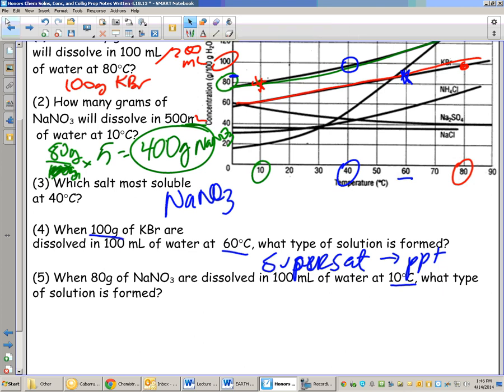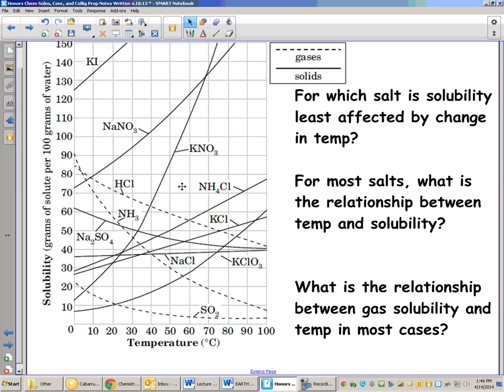All right, you guys do the next one then. I'm sorry, for these 3 questions, use this curve. For these 3, use this curve. KCl.